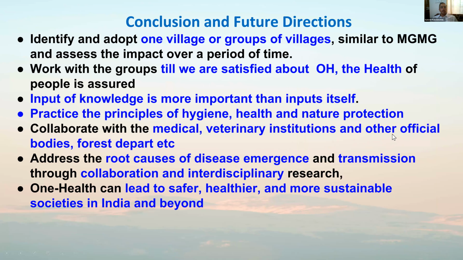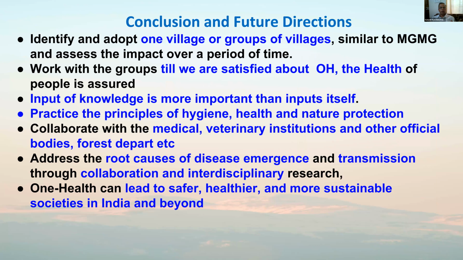So in conclusion, I have some points to say for future direction also. Like we are working in isolation in some laboratories, some national laboratories and some Government of India bodies. But what I feel is we should work on adopting one village or a group of villages to have the One Health approach from everyone.